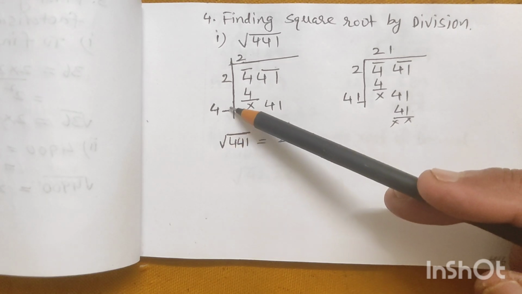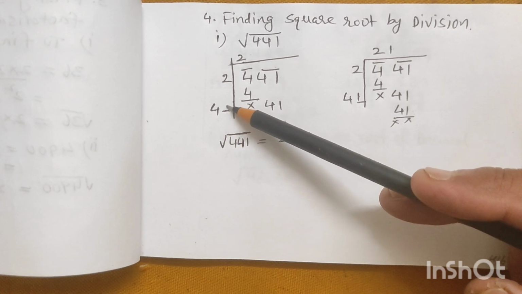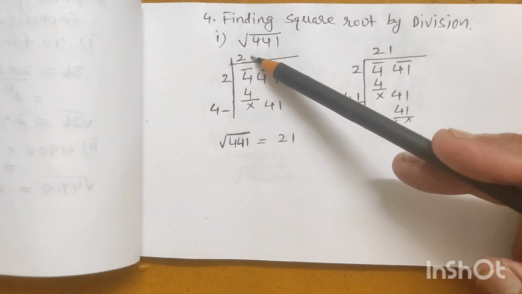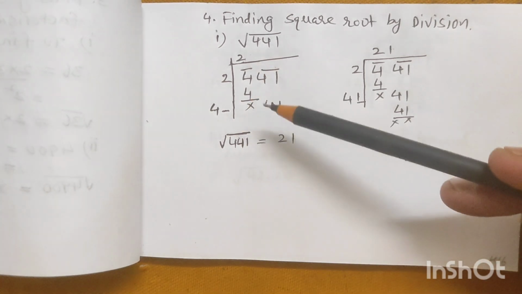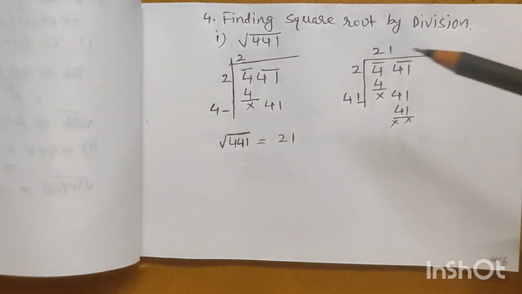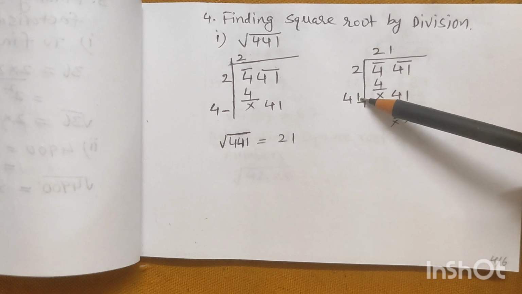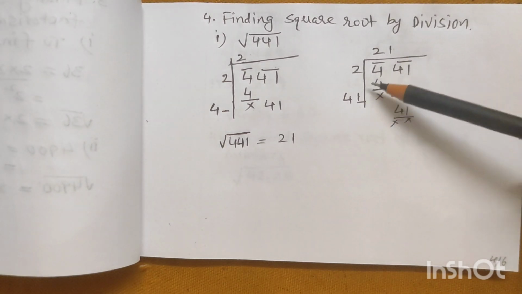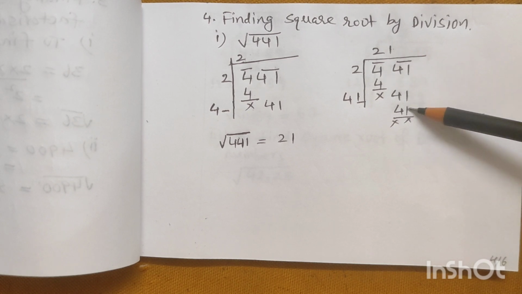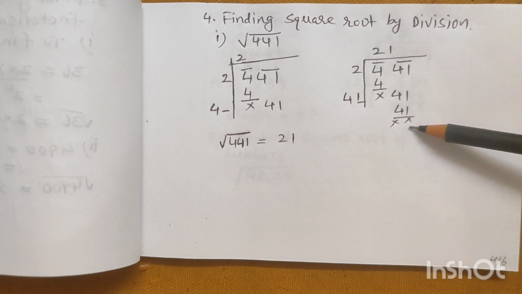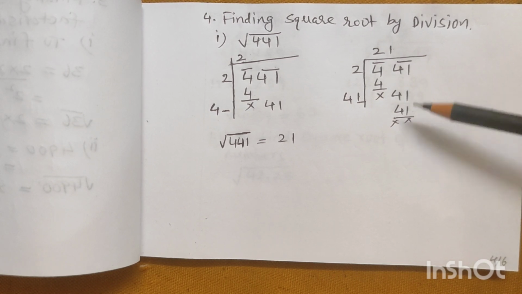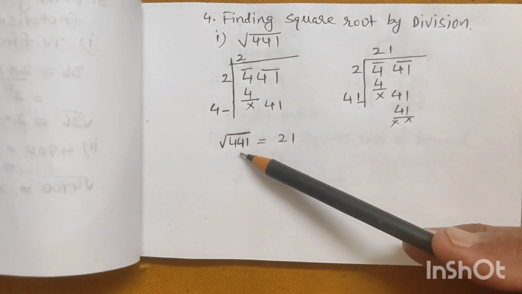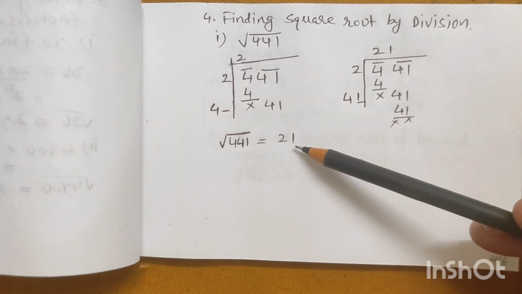Now we have to find a digit and write it here so that the product of this number and this number is 41. See here, if we write 1 here and write 1 here, the product of 41 into 1 is 41, we get the 0 remainder here. Square root is 21. We write root of 441 is 21.